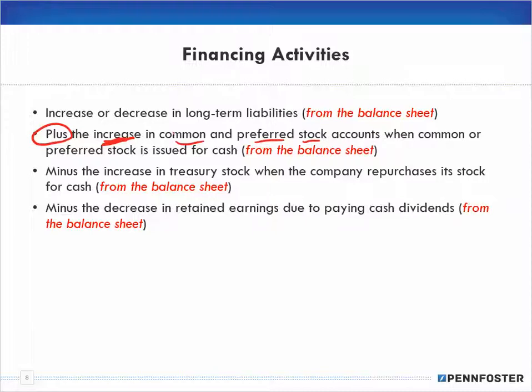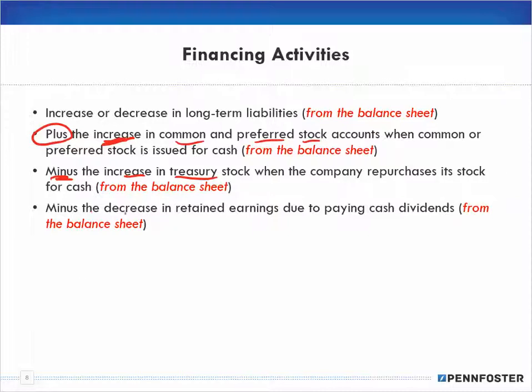And of course, when we buy back the stock, we have treasury stock, so we subtract out the increase in our treasury stock. That can be found from the balance sheet itself also.